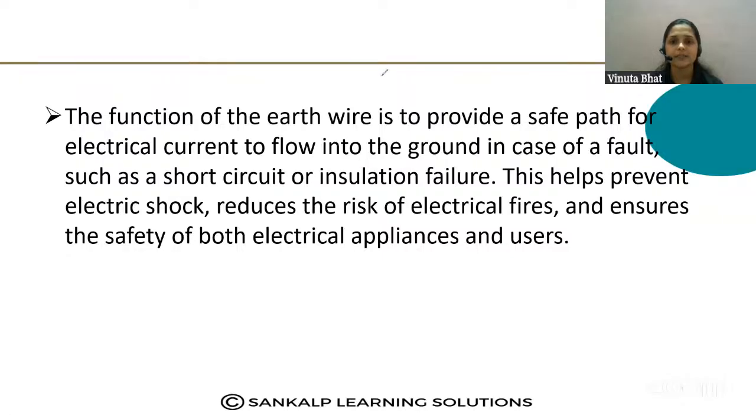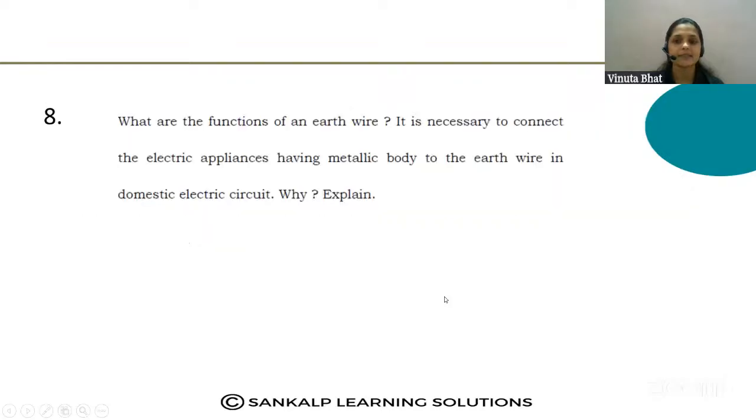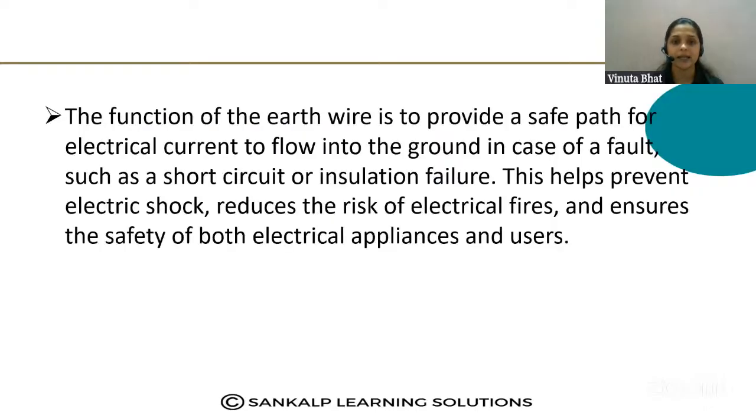Why is it necessary to connect the electric appliances to the earth wire? If any excess current or overloading is there, it helps to prevent electric shock, reduces the risk of electrical fires, and ensures the safety of both electrical appliances and users.